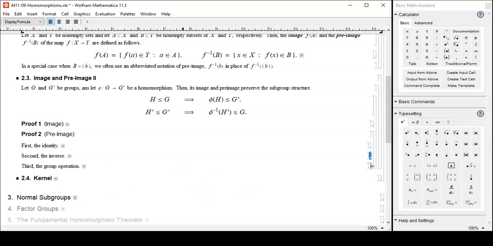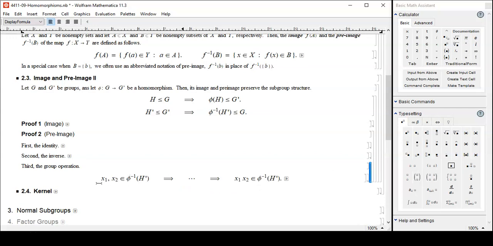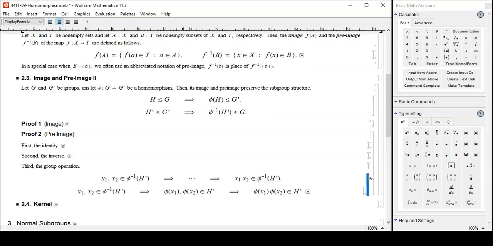Third, the group operation, usually the hardest. x1, x2 belongs to preimage, and we want to prove the multiplication belongs to that. But that means phi of x1 and phi of x2 belong to H prime. Yeah, like this. And H prime is a group, so multiply those and the product belongs to H prime. And then what do you do?